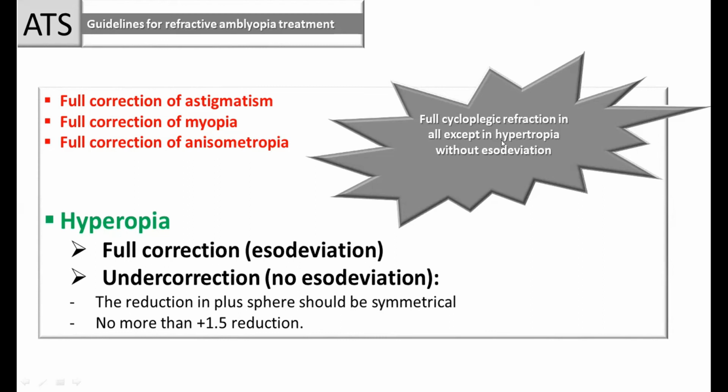So please don't confuse hyperopia or hypermetropia. So the Americans use hyperopia, British and here in Egypt we use hypermetropia. So this is a typo. It should be hyperopia or hypermetropia. Okay? Because it happens many times that sometimes in exam questions, like there was a question about hypertropia and the student answered as hyperopia or vice versa.